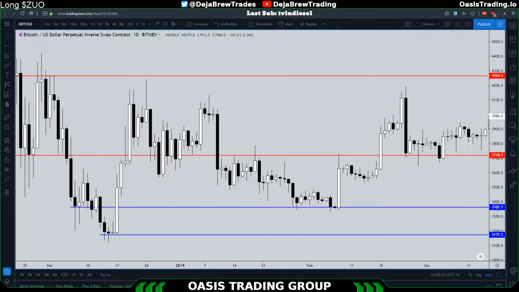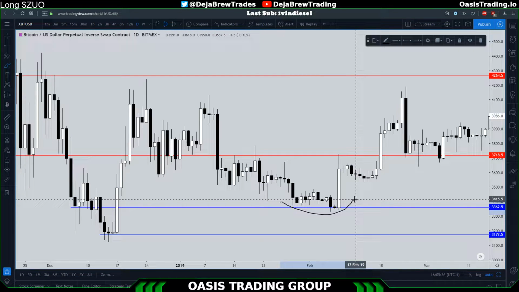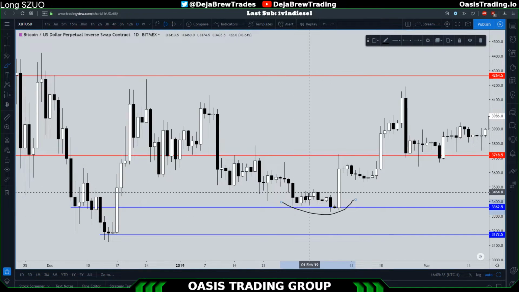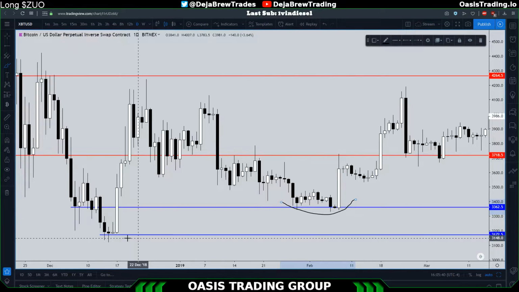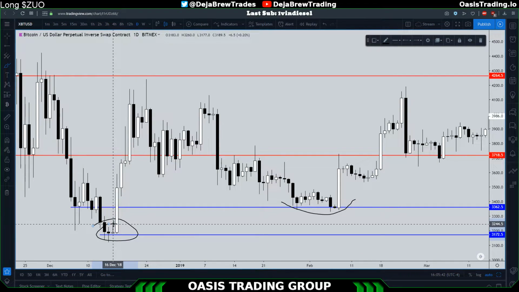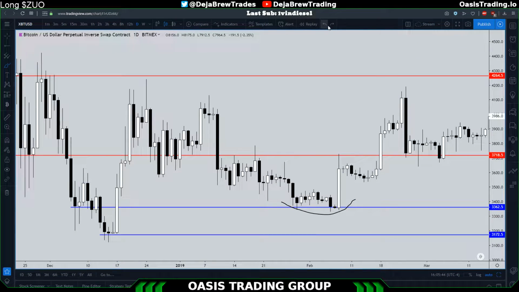So 33.60 is still a higher fair price than 31.70. So that is still telling you that if buyers are stepping in here, they are willing to pay a higher price than here. What does that tell you when buyers are willing to pay a higher price? That tells you that price is most likely going to rise.